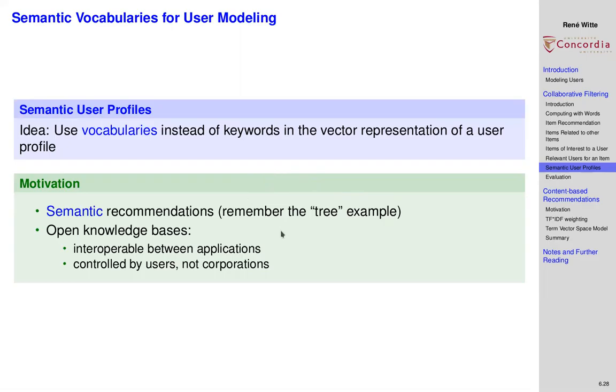The second aspect, and this is something that has been going on for a couple of years, but is still a very active debate, is open user profiles. So user profiles where the control lies with the user and not the company. You know, all these companies, LinkedIn, Facebook, Google, they have very detailed user profiles about you, but they are kind of secret. You cannot really look at them.